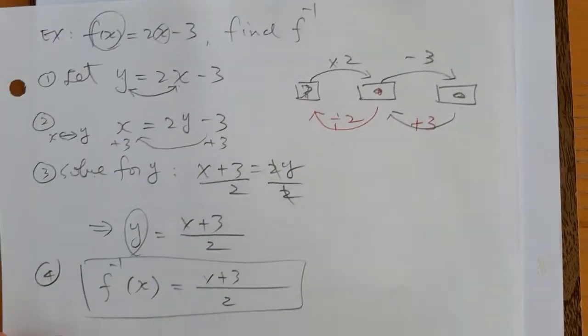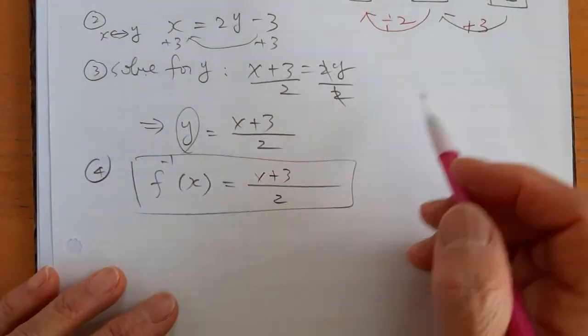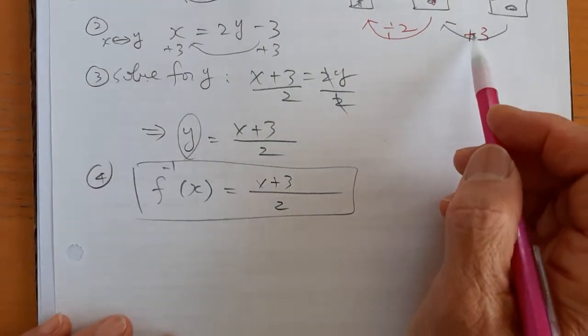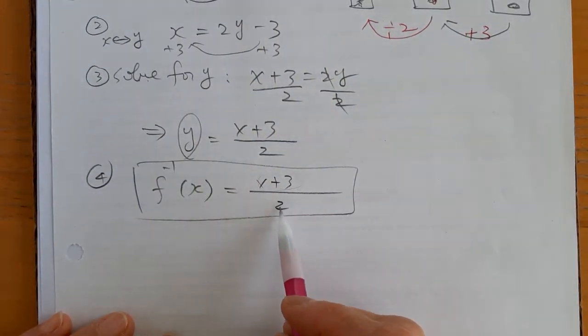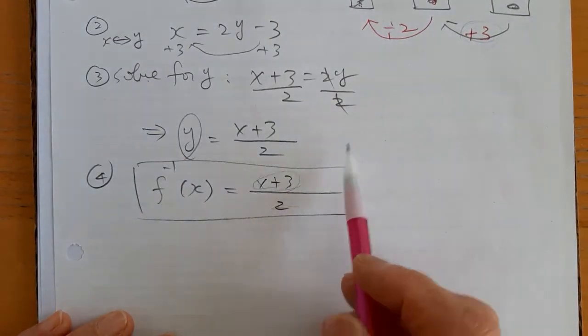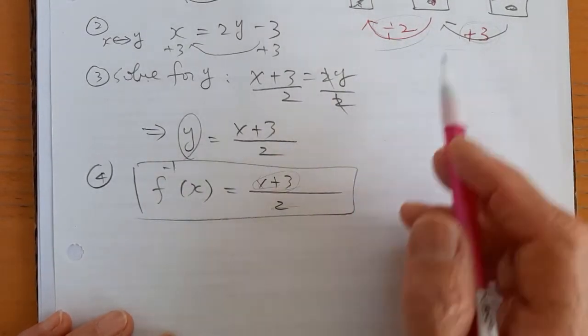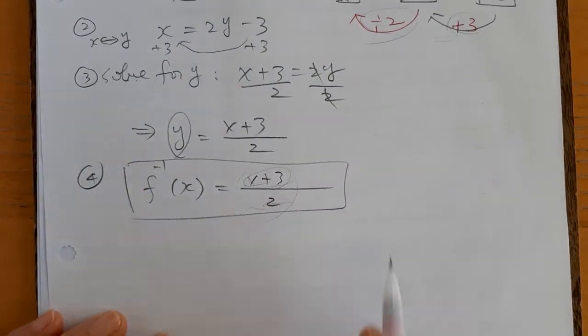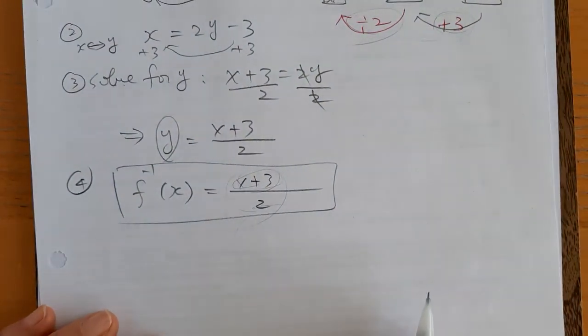So the inverse is x plus 3 first, then divided by 2. A number, you add 3 first, then divide by 2. That's the inverse operation, and you go back to the original x.